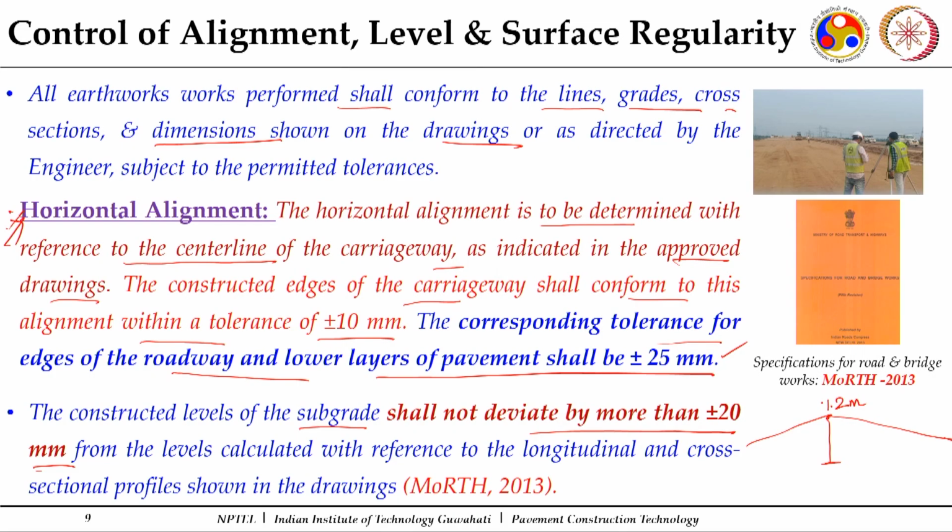This is with respect to mean sea level, or you will have your benchmarks, temporary benchmarks, and this reduced level will come up. I am just mentioning that with respect to any benchmark I have fixed as a reference point, my center line levels will be given with respect to that benchmark. And that may be with respect to the mean sea level, say 101.2 meter.